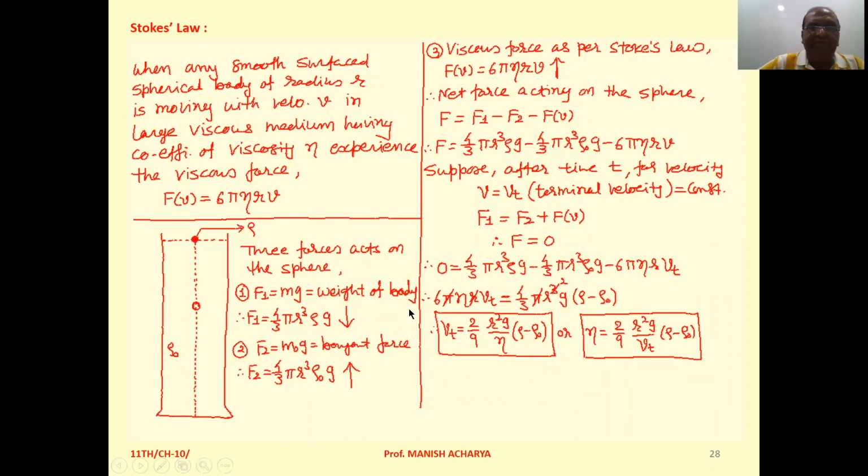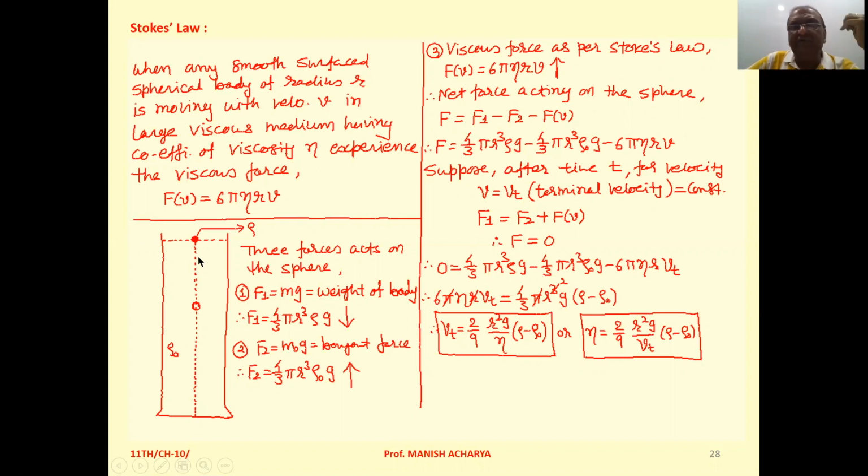Now see, suppose as shown in the figure, we consider the large viscous medium, which is some liquid having a coefficient of viscosity eta. And suppose as shown in this figure, it is filled in a tube with height more than 100-150 centimeter.